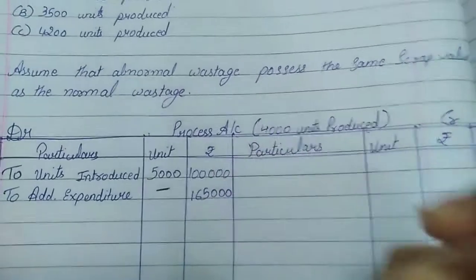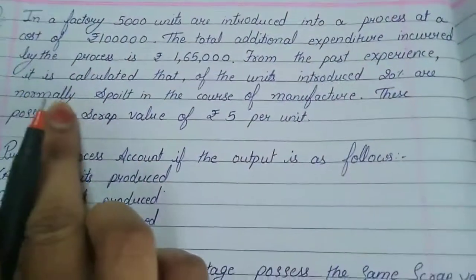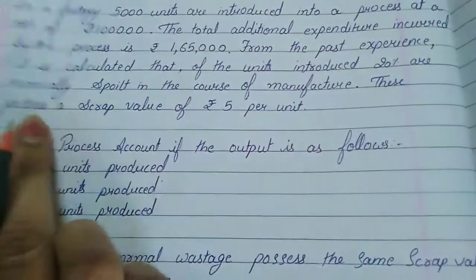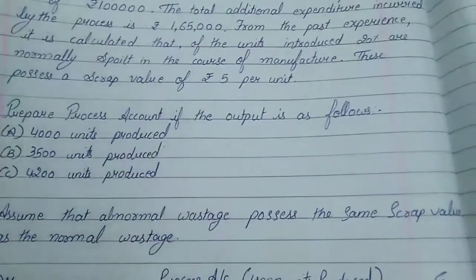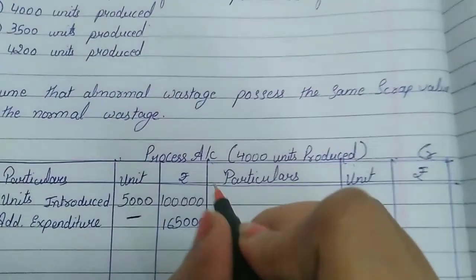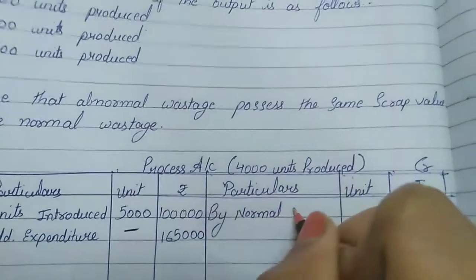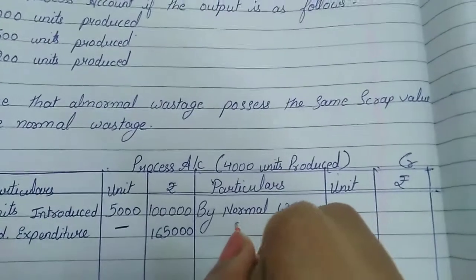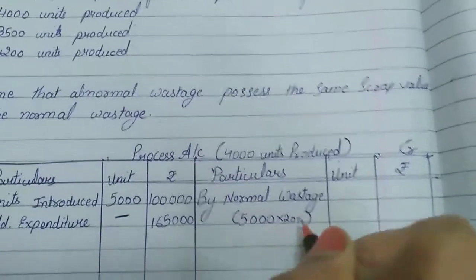Okay, now from the past experience, it is calculated that of the units introduced, 20% are normally spoiled in the course of manufacture. So 20%, here we will write by normal wastage, 5000 into 20%, that will come to 1000.